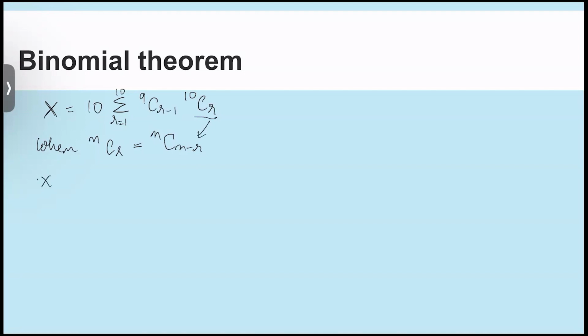Then it will become x equals 10 summation r equals 1 going to 10, 9C(r minus 1), and over here you can write this as 10C(10 minus r). So n minus r, you can write it in this form.